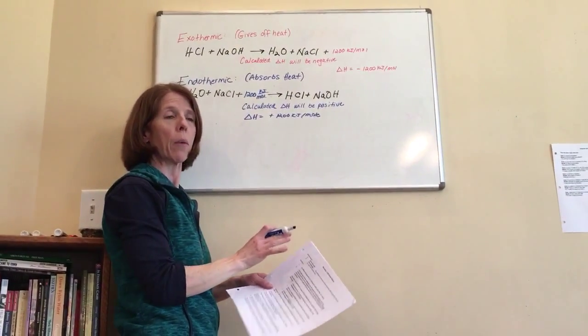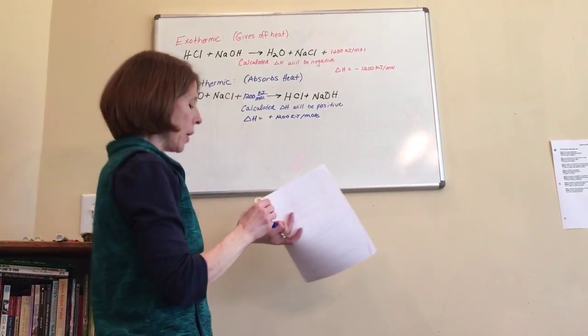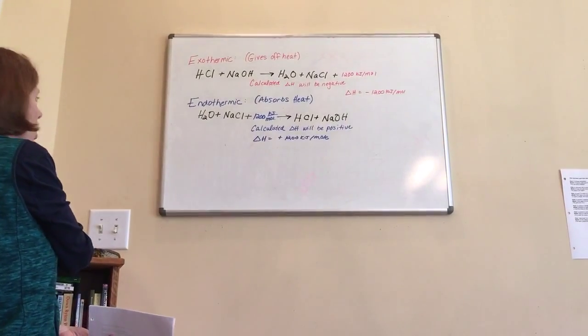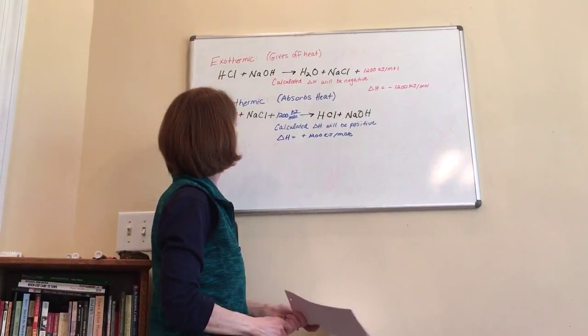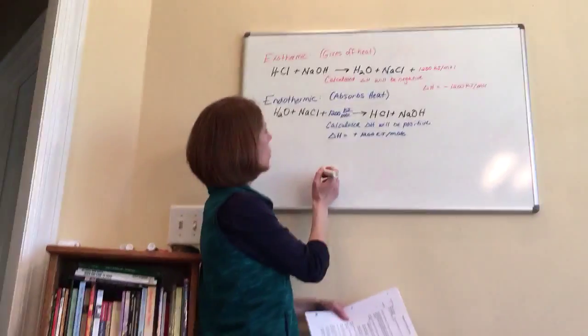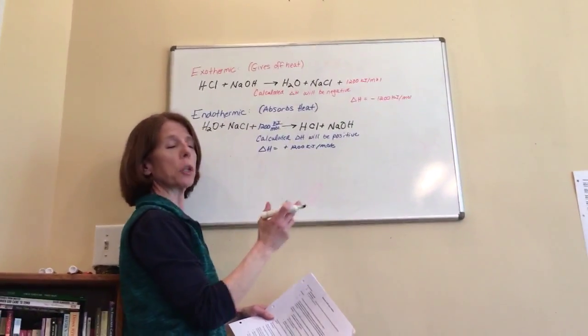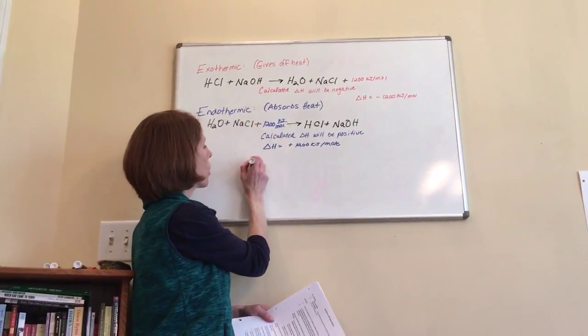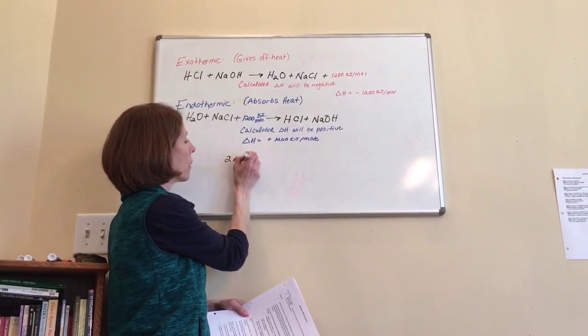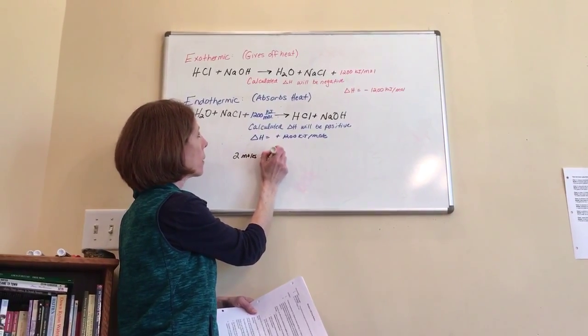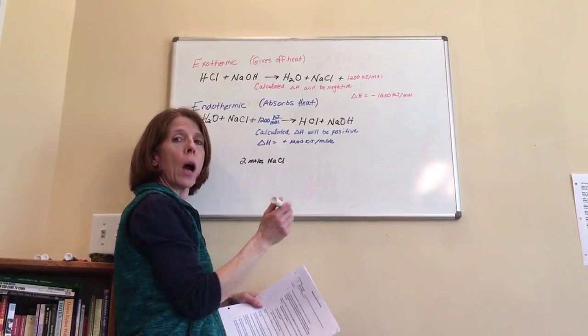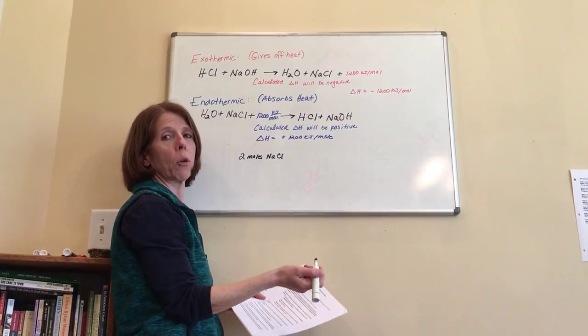Well, what do I mean by that? Well, let's say, for example, that you ended up with, in an actual experiment, 2 moles of sodium chloride. Okay? And they ask you how much energy is going to be absorbed by that chemical reaction.